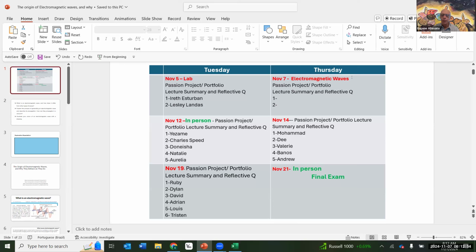We touched on that a little bit, but today we're going to discuss how it is created, how you generate an electromagnetic wave and how it propagates. So the focus today is going to be on that.